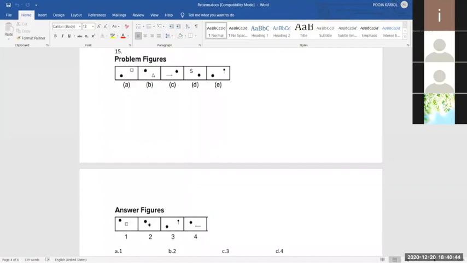Ma'am, can I get your contact number just in case I want to ask something? Sure, of course. You guys can see the screen, right? Yes. This is that number.